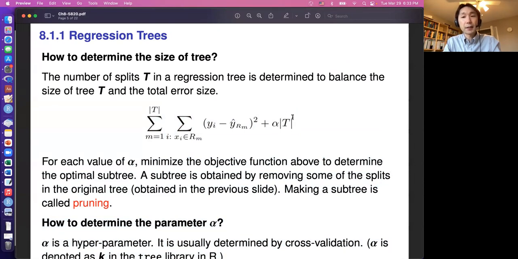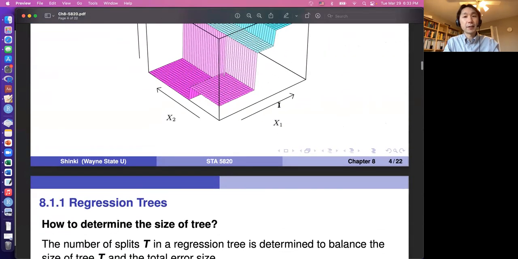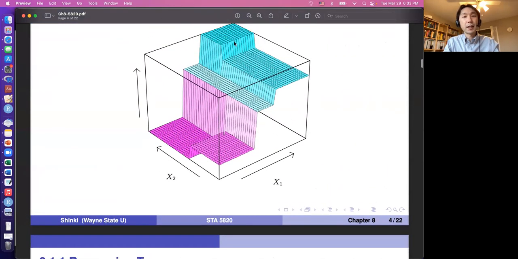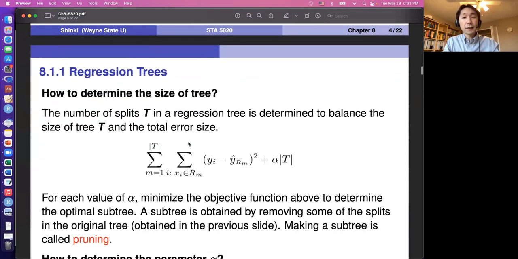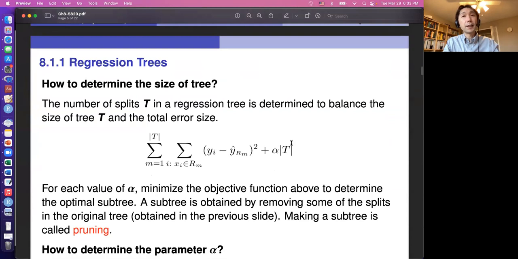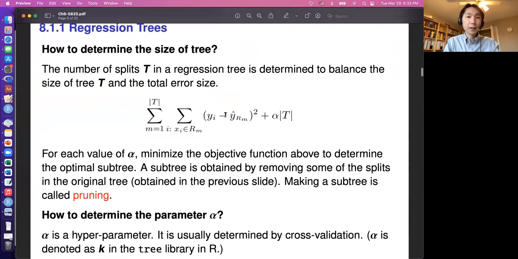So this is the size of the tree. In the previous case, we have 5 regions, so T is 5. And alpha times 5, where alpha is a given constant, so alpha times T is the penalty. So we want to minimize this, and in this way we can optimize the size of the tree.